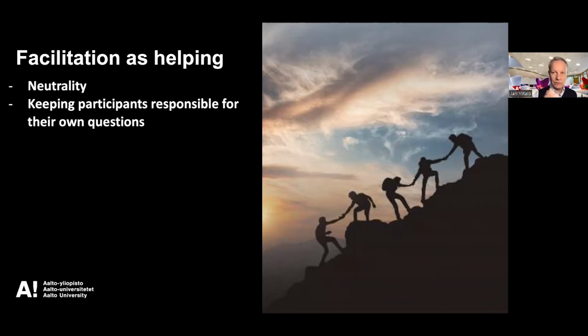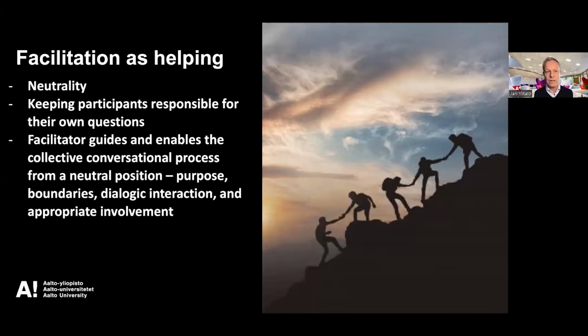The neutral stance is then that the facilitator is taking care of the process, way of working, its boundaries, but not the content. And of course, here it's a blurring boundary sometimes. If we are very good experts in something we are facilitating, then we are tempted to also say something about the content. But I think the basic principle is that facilitation is from a neutral position, neutral stance.